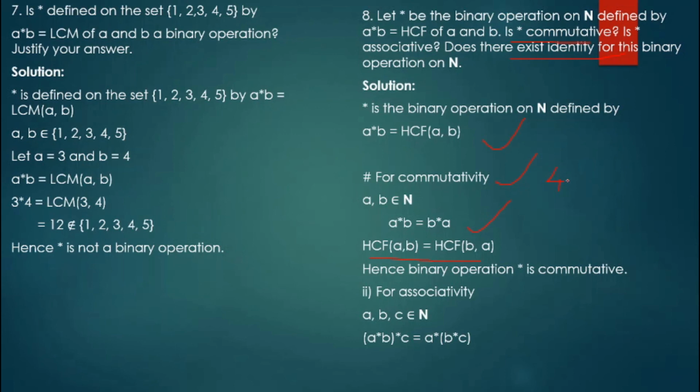That is 4, that is 2 into 2 into 1, and next we have 2. Here we can apply Euclid's division lemma also if you want. So HCF of 4 and 2 is 2 into 1, and if you take it the other way, that is 2, 4, same thing, it won't change. So it is the same, hence equal. So that means our star is commutative.